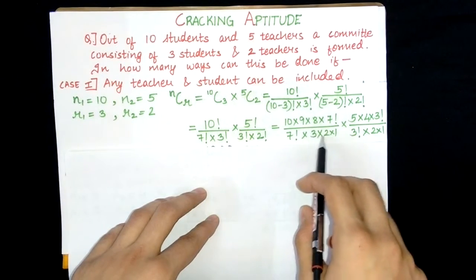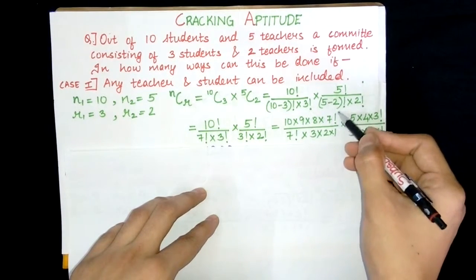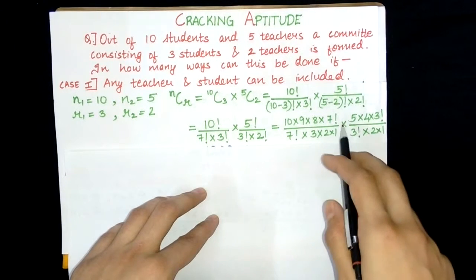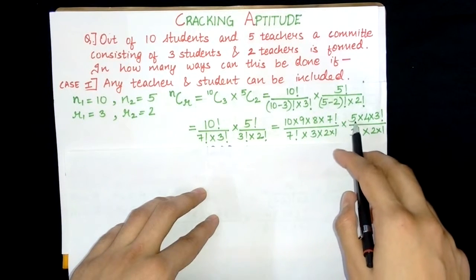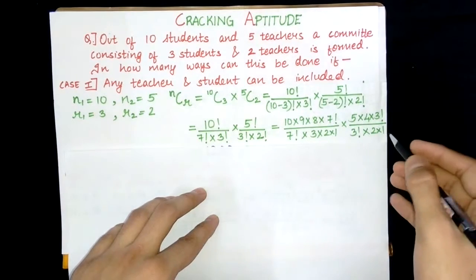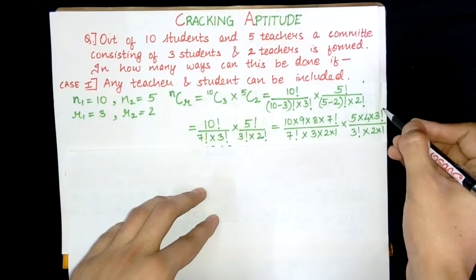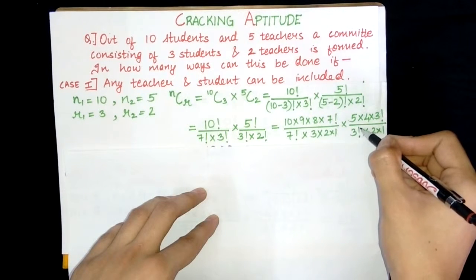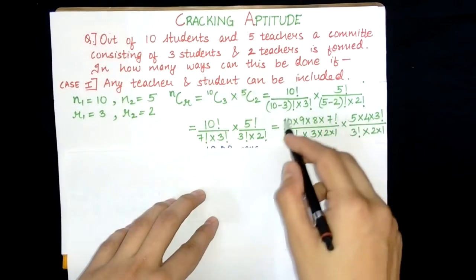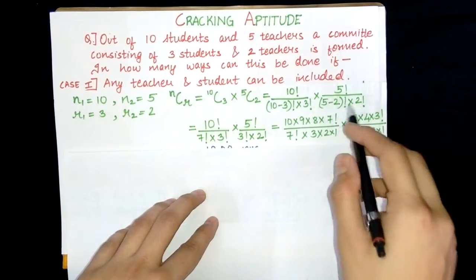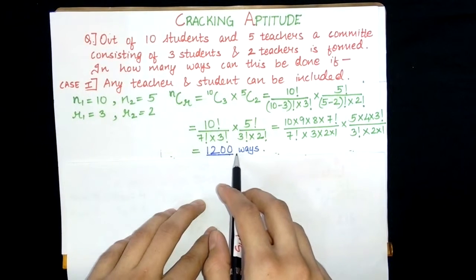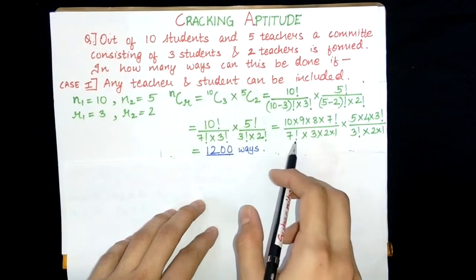So the 7 factorial in the numerator can be cancelled with the 7 factorial in the denominator, and the 3 factorial in the numerator can be cancelled with the 3 factorial in the denominator. When you calculate this whole thing, you get the answer as 1200 different ways.